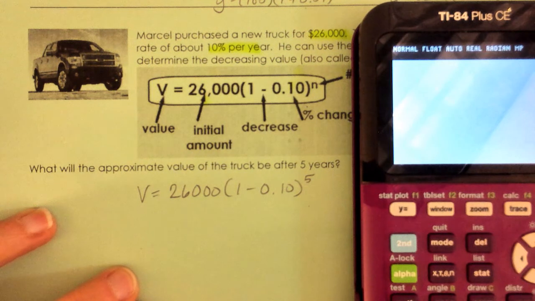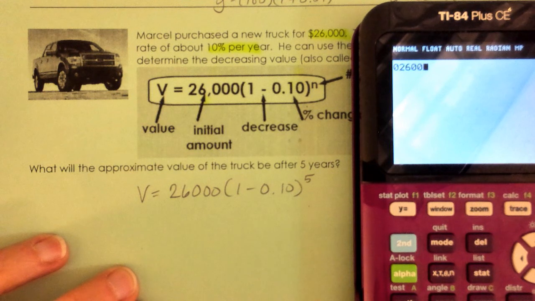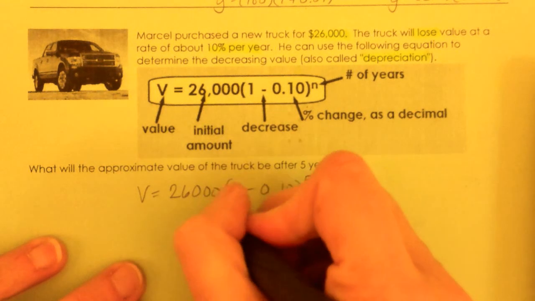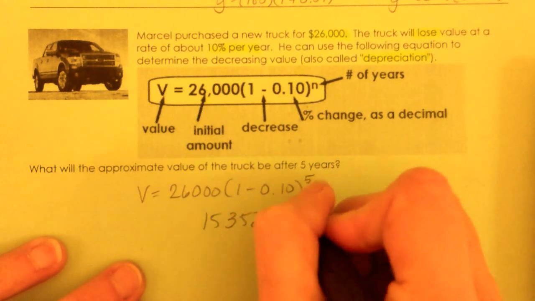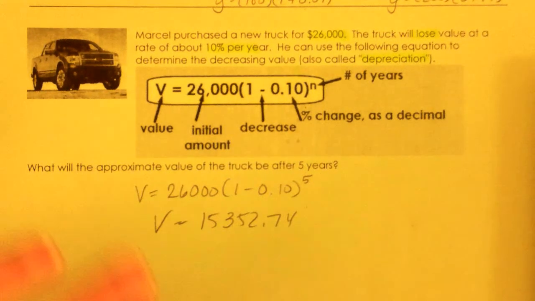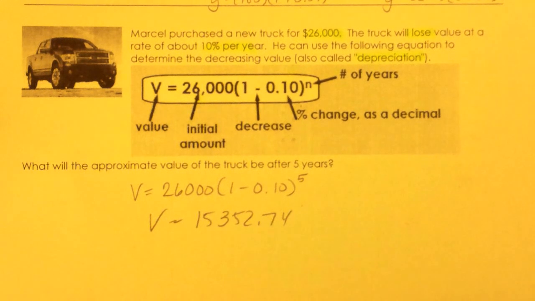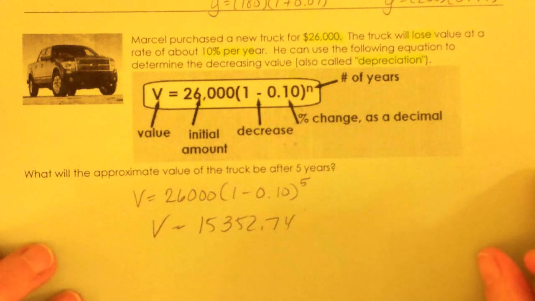And if I do that, I have 26,000 times 1 minus 0.10 to the 5 years, which is 15,352.74. That is his new value of his truck. Which, crazy, right? After he's only had it like 5 years, it's worth about $11,000 less. Isn't that nuts? That's how cars work, people.